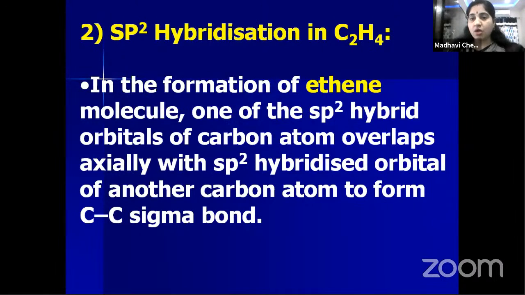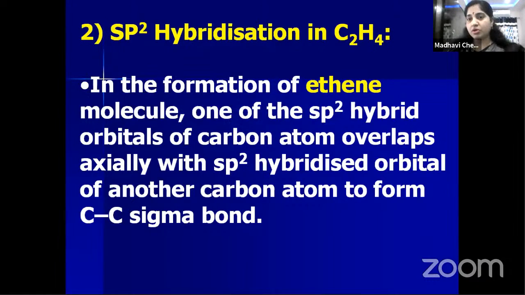Now listen, children, each carbon has one unhybridized p orbital because only 1 s orbital and 2 p orbitals are involved. Carbon has 2p, in which 3 p orbitals are there, 2px, 2py, 2pz, but only 2 p orbitals are involved in the hybridization.